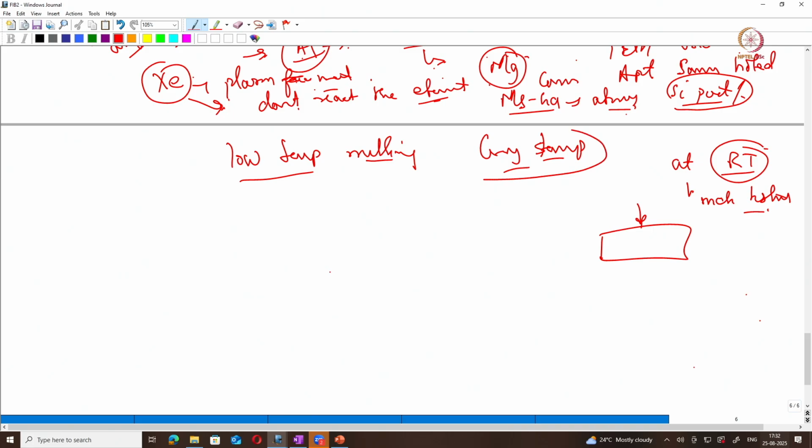If you do cryo temperature milling, then the diffusion of gallium plus ions can be limited. So you can reduce the gallium damage, especially on aluminum or magnesium samples, if you do the milling at cryo temperature, meaning liquid nitrogen temperature.